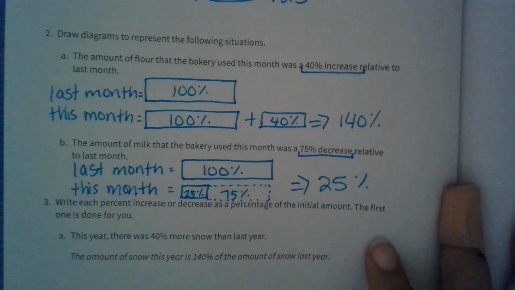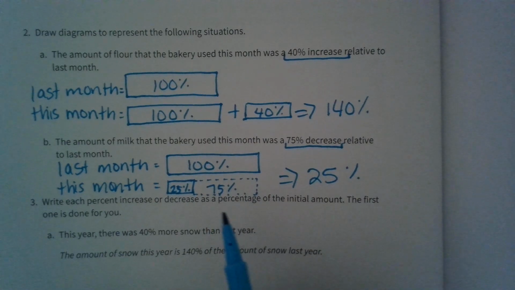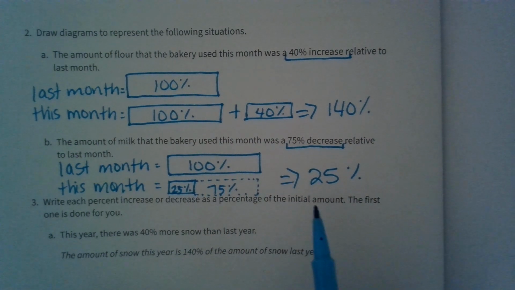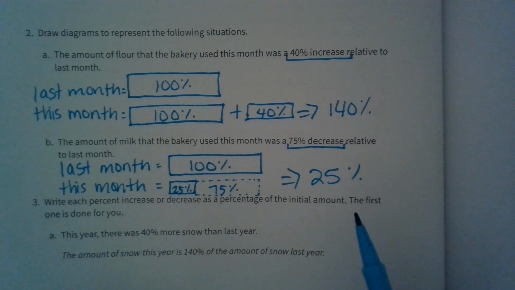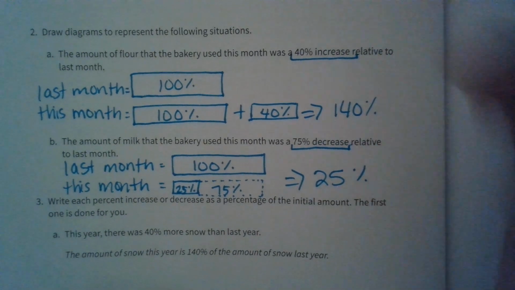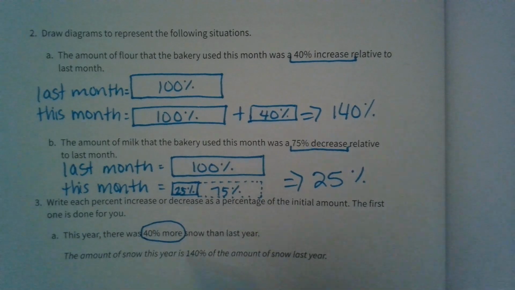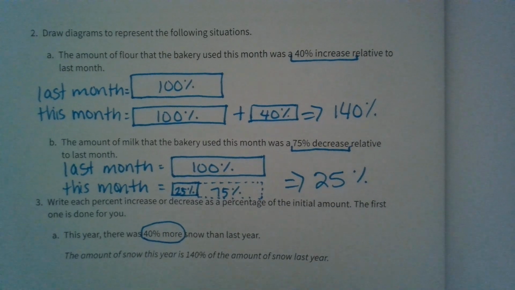Okay. Last problem. Write each percent increase or decrease as a percentage of the initial amount. They gave us an example so we can do B, C, and D. So this year there was 40% more snow than last year.